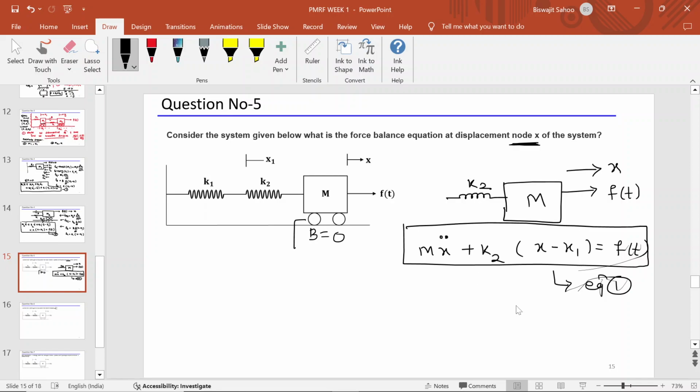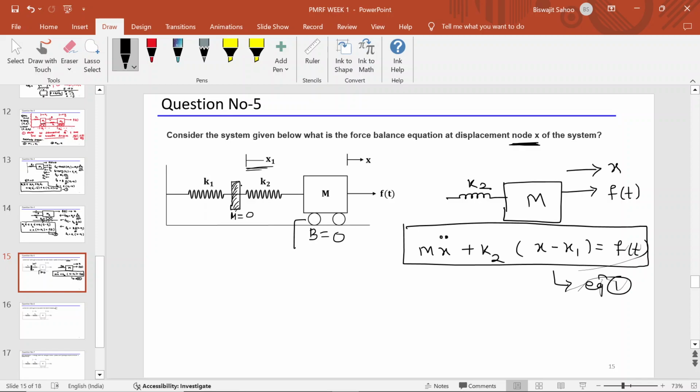If anybody has any doubt about why, because there is no body there: in this type of question, remember that whenever there is a displacement on the left hand side and nothing is there, you just assume that there is a mass, and that mass is equal to zero. Because of that mass, k2 is connected between two bodies.